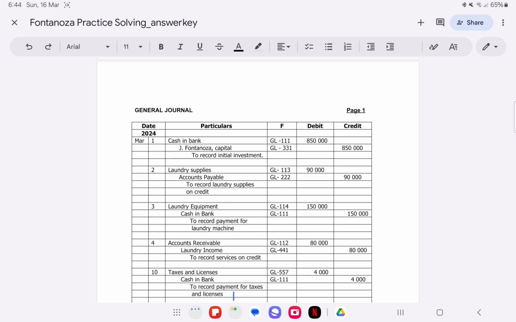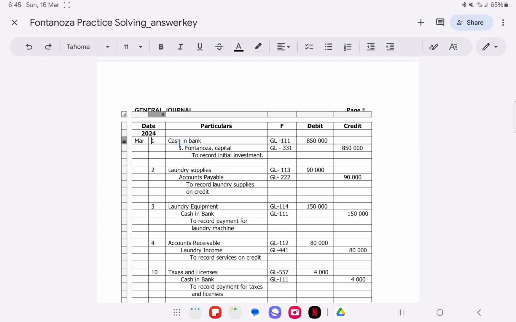for taxes and licenses. As a reminder to everybody, do not forget to write the year 2024 here, then March. Since this is a March transaction, it will start on March 1, since this is the beginning of your initial investment in your business.